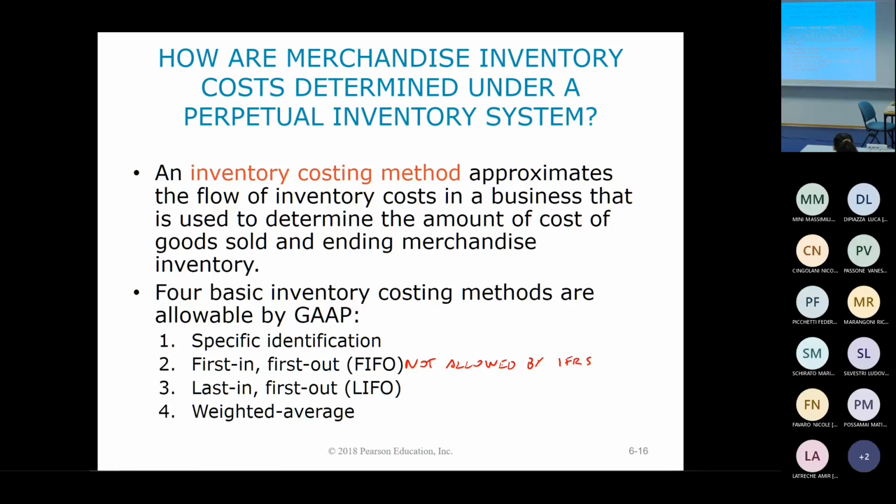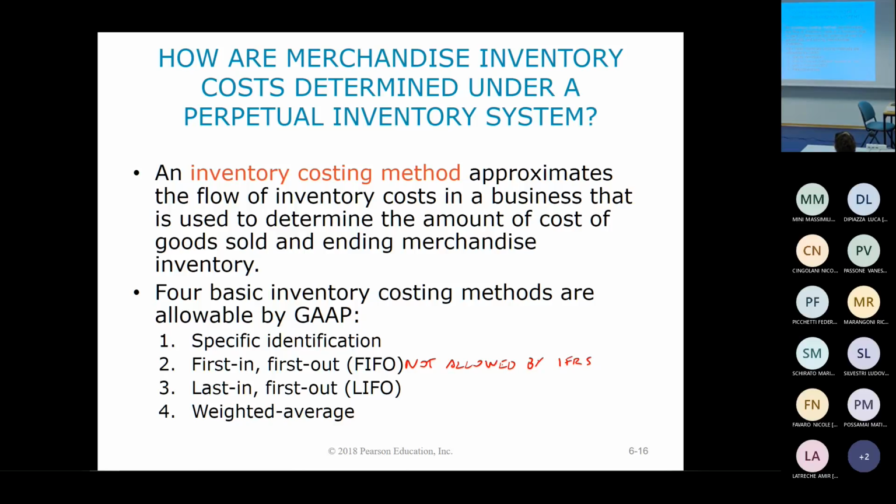However, LIFO is allowed by the national standards. So, for instance, in Italy, small companies can use LIFO. It is also allowed by the US GAAP, so US standards. So even large American companies can use LIFO. There are different ideas out there on whether LIFO would be a good or a bad idea.